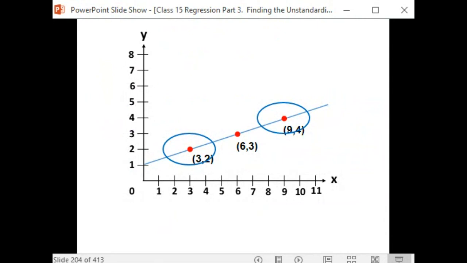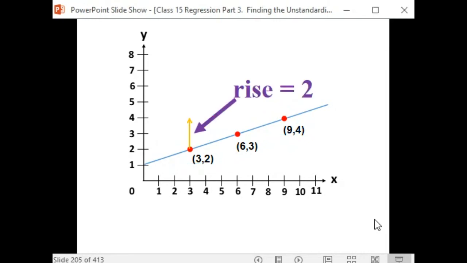For instance, suppose we know that the point 3, 2 and the point 9, 4 are on the line. The rise is the vertical distance between the 2 points. In this example, the rise is equal to 2.